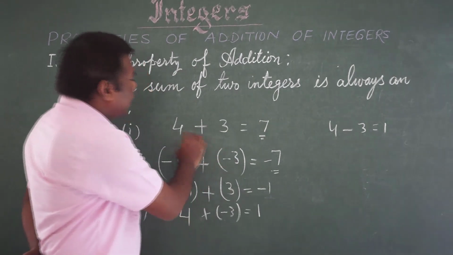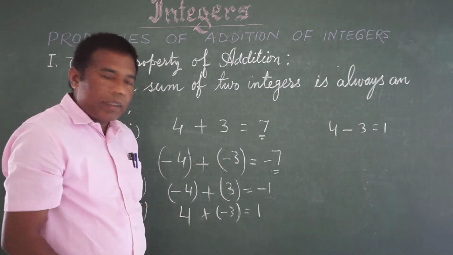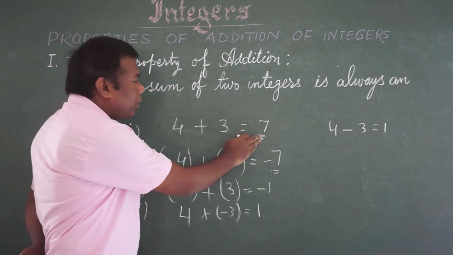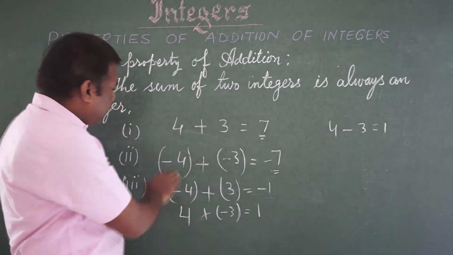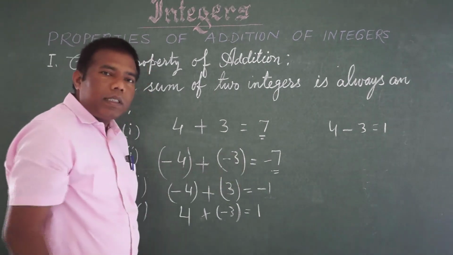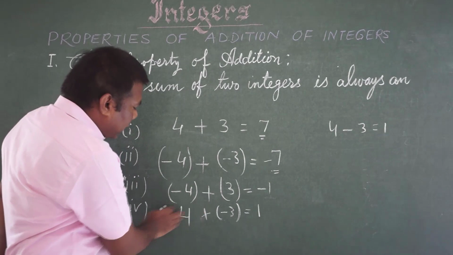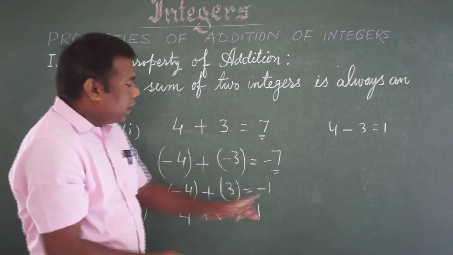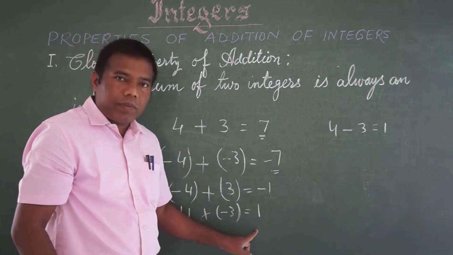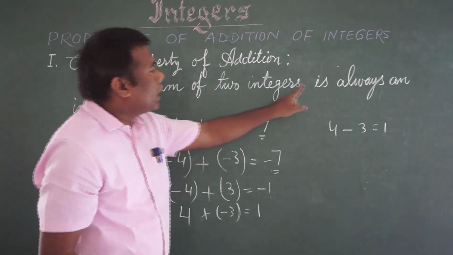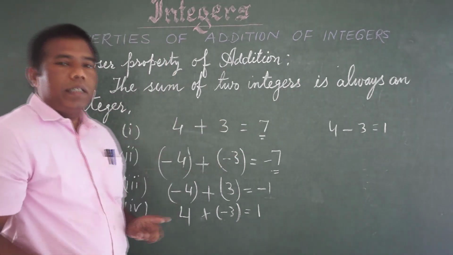So again in all these 4 cases, when both positive integers are there, the sum you got is a positive integer. If both are negative integers, the sum you got is a negative integer. If opposite signs are there and you are adding, you are getting either a negative integer or a positive integer. It means the sum of two integers is always an integer.